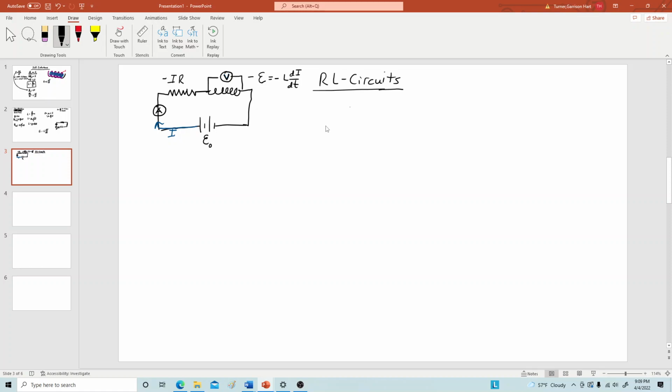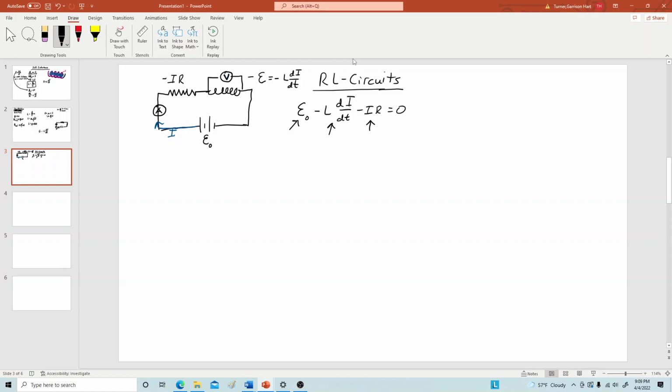So Kirchhoff's rule would read this. This is the potential being supplied by the battery. This is the instantaneous potential across the inductor, and this is the instantaneous potential across the resistor.